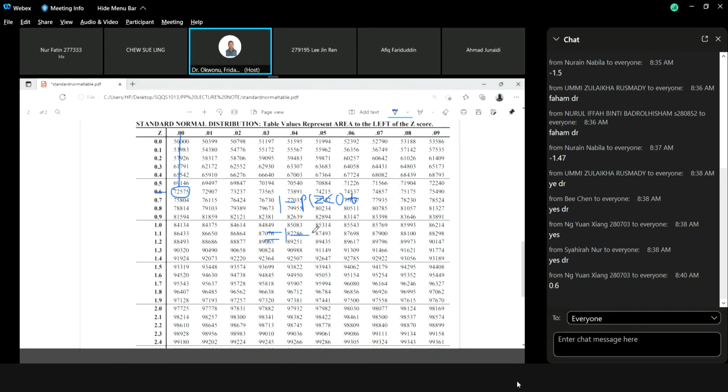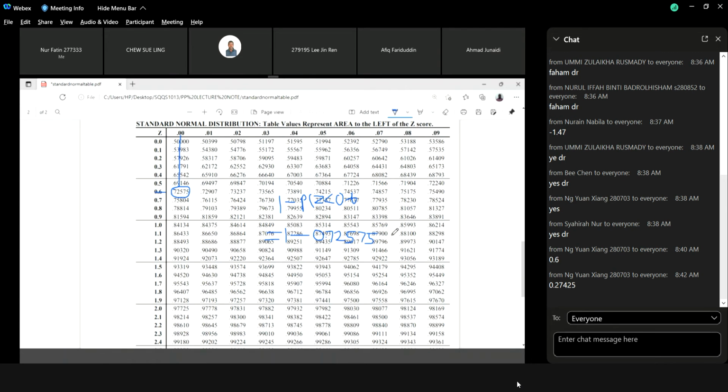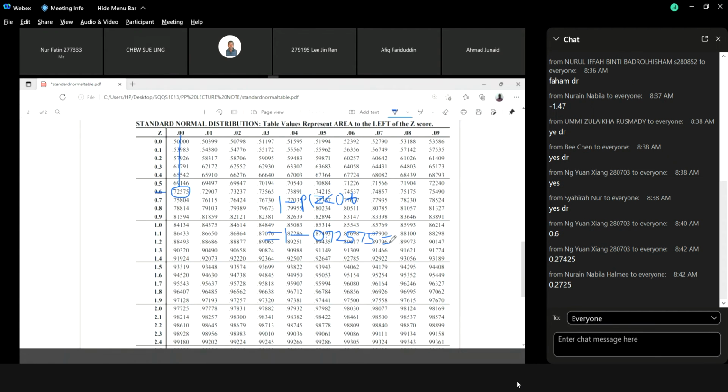So you now have 1 minus 0.725775. What is the probability? 0.2725. 0.275.